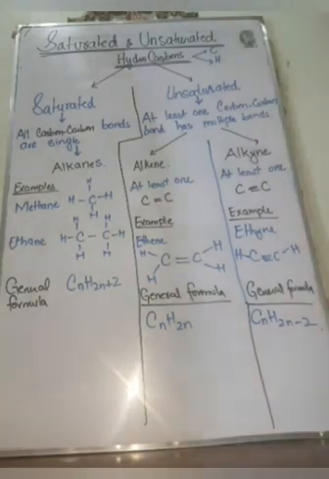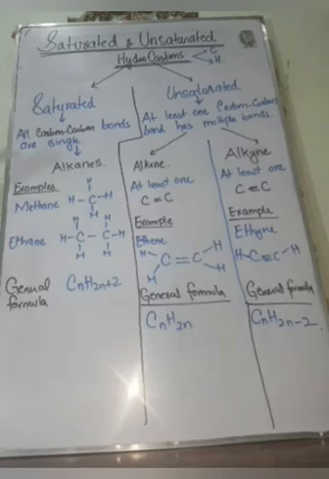Our next topic for today is saturated and unsaturated hydrocarbons. Now what are saturated and unsaturated hydrocarbons? We read that hydrocarbons are the compounds of carbon with hydrogen, so only 2 elements are present: carbon and hydrogen.